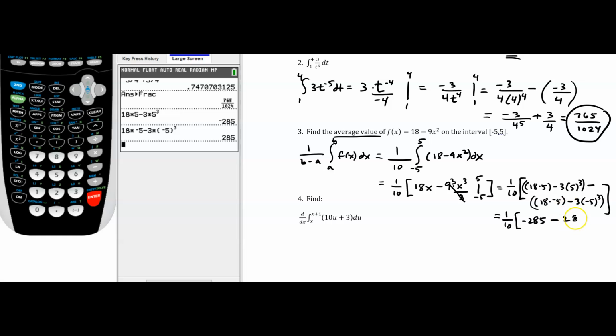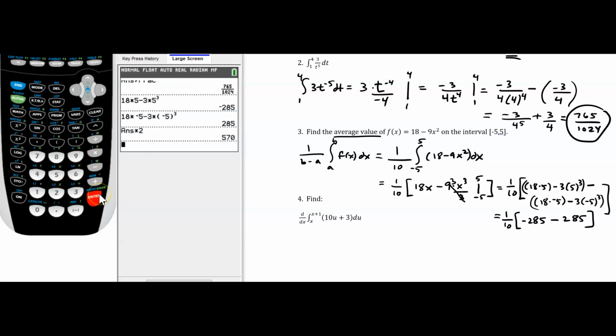So be careful here. That's not negative 285 minus negative 285. It's negative 285 minus 285. So we end up with negative 570 divided by 10, which when you simplify that, it leads you to negative 57. So the average value of that function is negative 57.